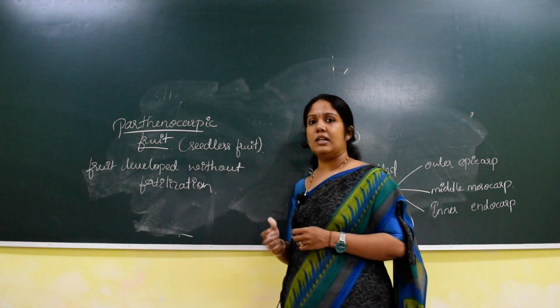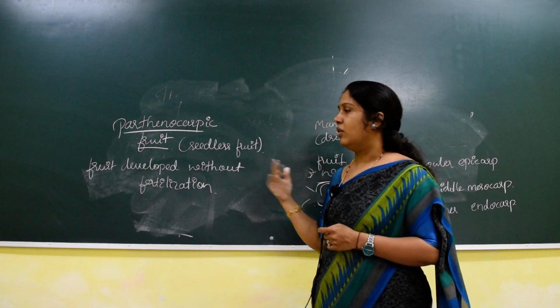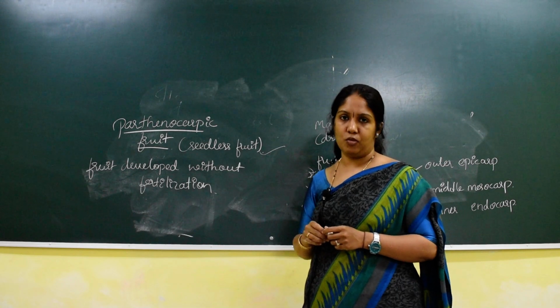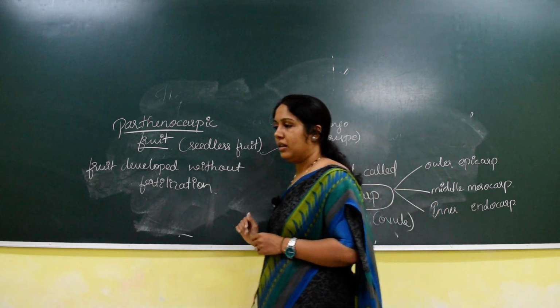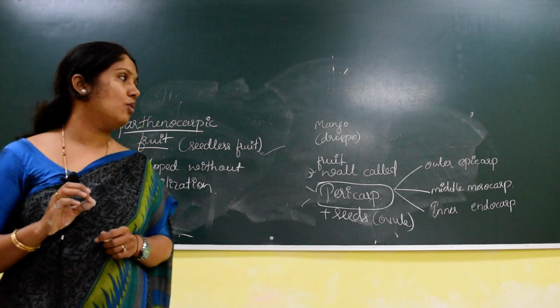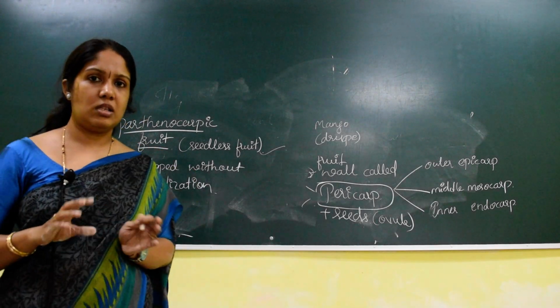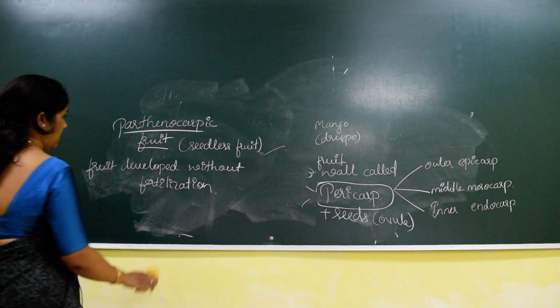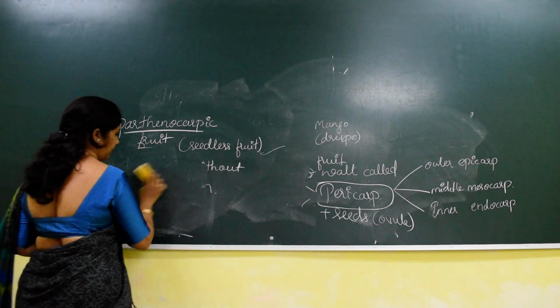Only by a single gamete the fruit is formed. They are commonly called seedless fruit. So this is just an introduction to the fruit. Next we'll take up the seed.